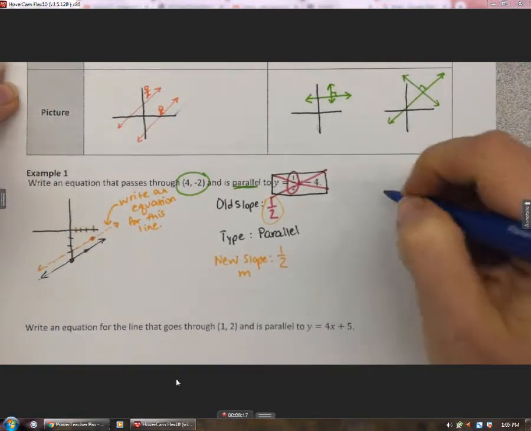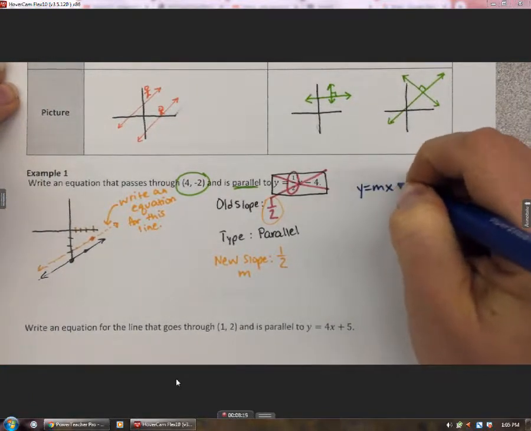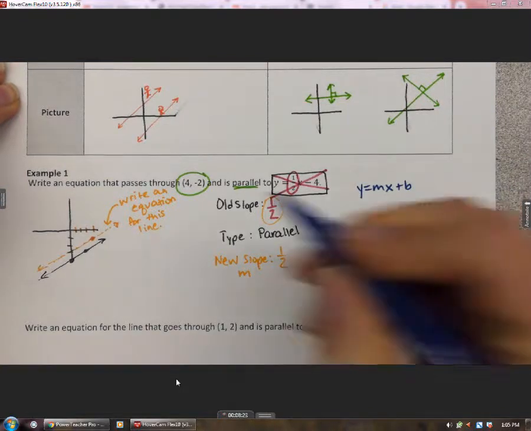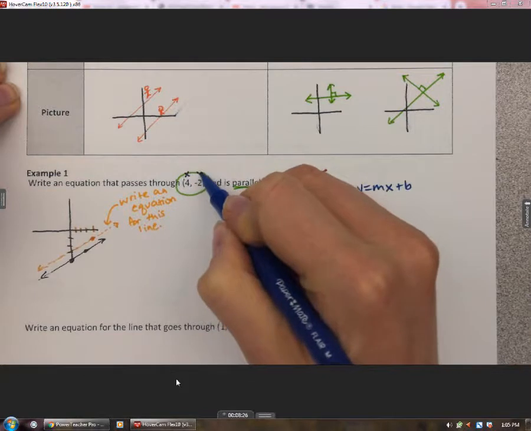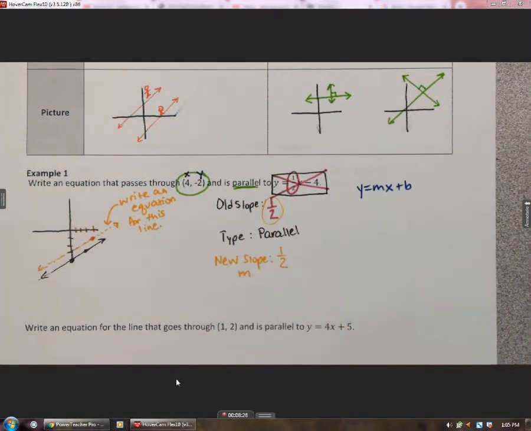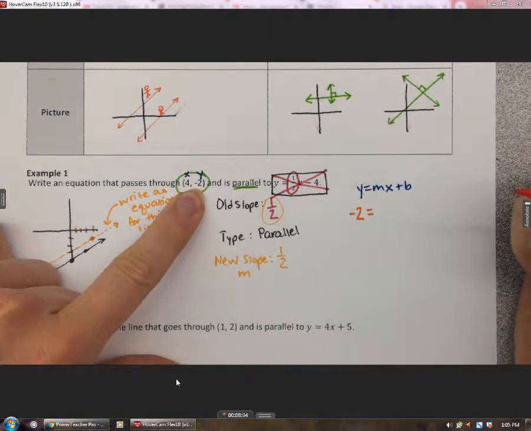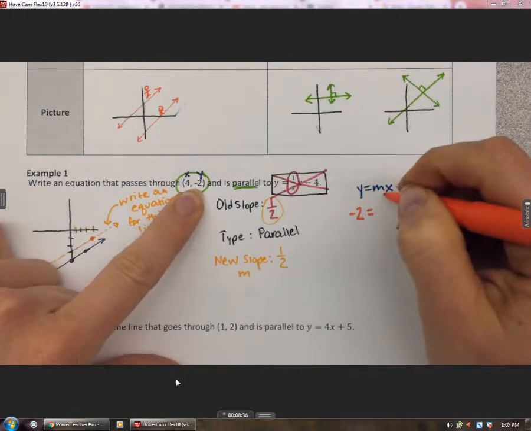We start with our equation, y equals mx plus b. We plug in what we know. Remember, a point always tells us x and y. They're very useful. They have two pieces of information. So I'm going to plug in -2 for y equals, well, what was m?